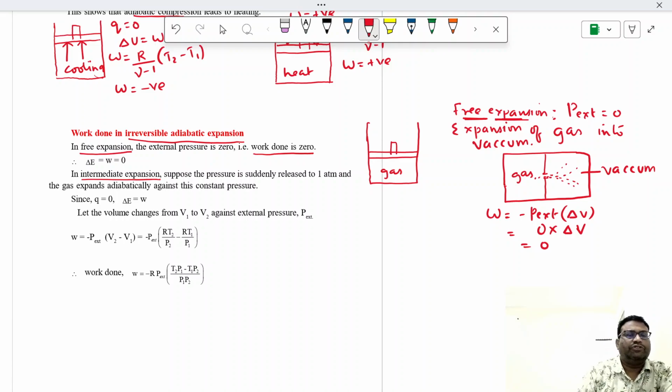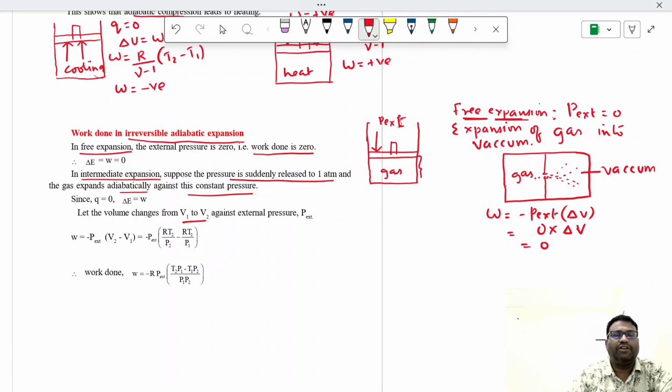Okay. Now intermediate expansion. Suppose the pressure is suddenly released to 1 atmosphere and the gas expands adiabatically against this constant pressure. So there is some constant P external. Against this constant external pressure, the volume is changing from V1 to V2.